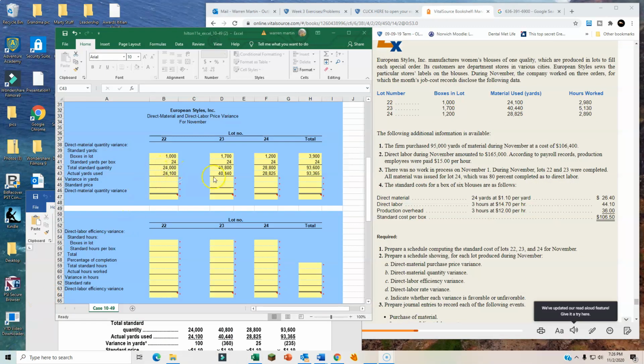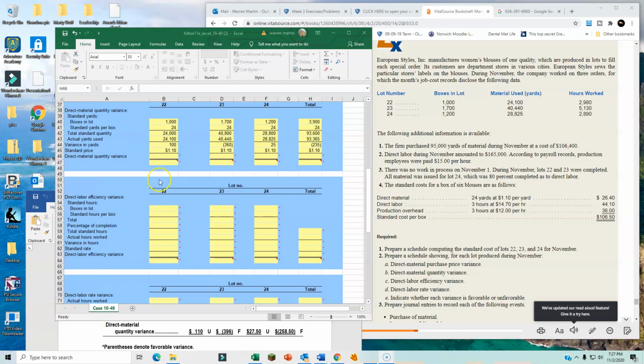Now, I plugged these numbers in already. For the standard quantity, again, multiply, and then the actual used is right here. It's provided for you up here, the actual material used. When you add each row up, that's how you get that part. Then you have a variance, which is just the difference between the two.